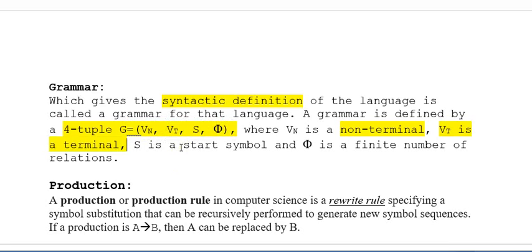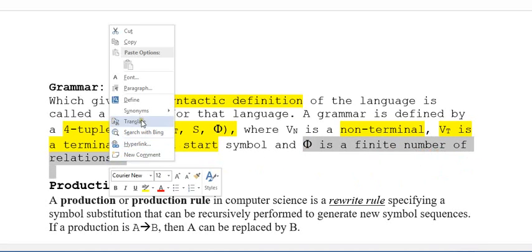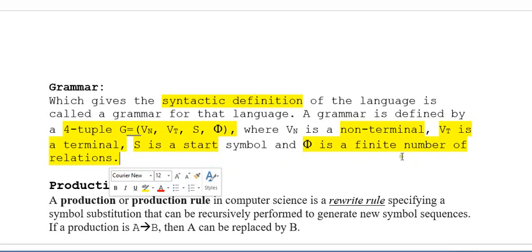S denotes the start symbol, and phi is a finite number of relations. So these are the four tuples of a grammar: Vn is non-terminal, Vt is terminal, S is the start symbol, and phi is the finite set of relationships.